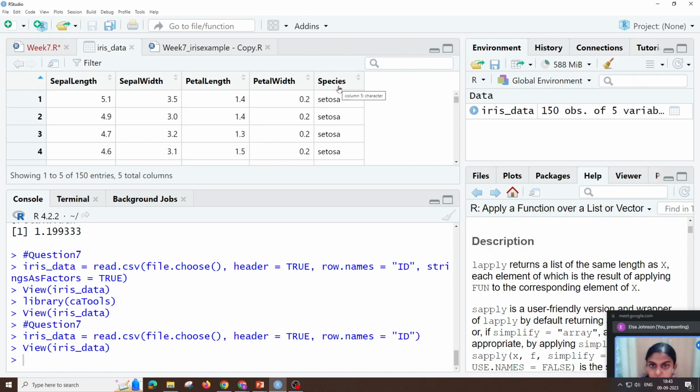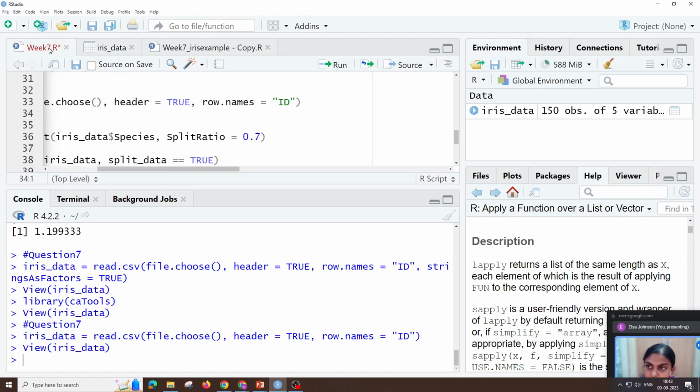So either we have to convert the species using as.factor, or at the beginning, when it is read, you can mention that the strings should be read as factors. Strings as factors is one way to change it to categories.